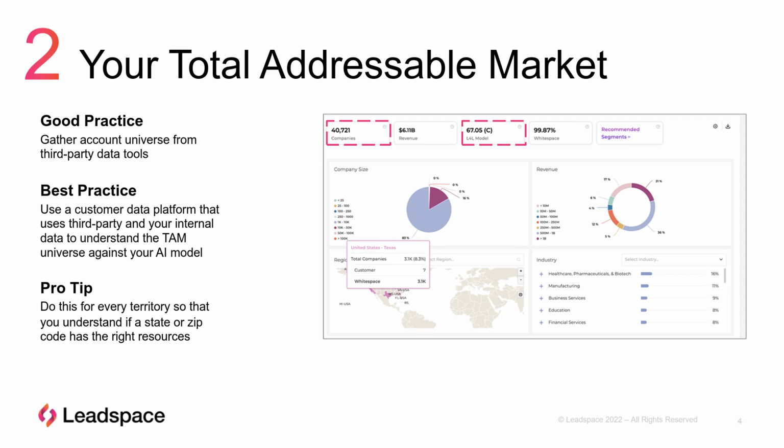But a best practice is to take the next step. And the next step is to combine some third-party data using a customer data platform so that you can understand a lot more about your TAM. This is also where you can take advantage of your AI models to use things like fit scores, like Marge was just talking about, where you can understand who the most likely people are to buy, and then other types of scoring as part of that.